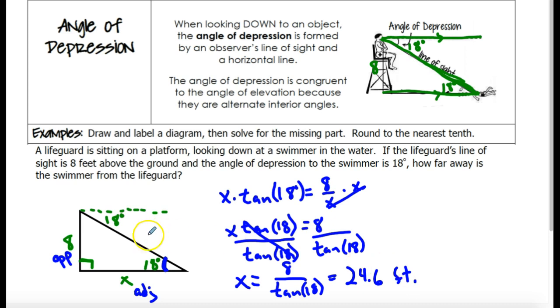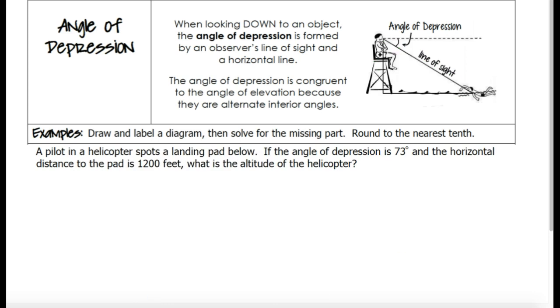Let's do one more example of an angle of depression. On this one, we've got a pilot in a helicopter who spots a landing pad below. The angle of depression is 73 degrees. Let's draw this picture here.